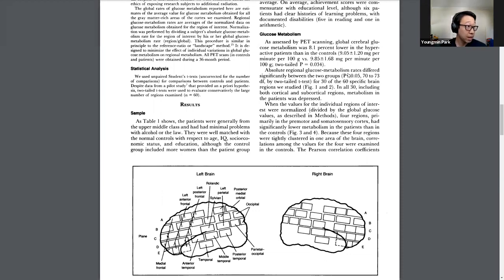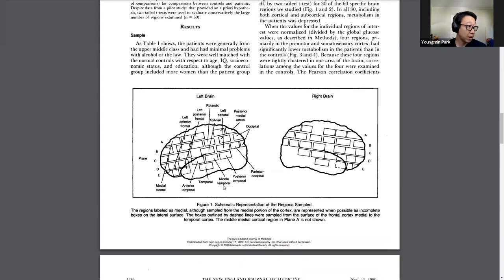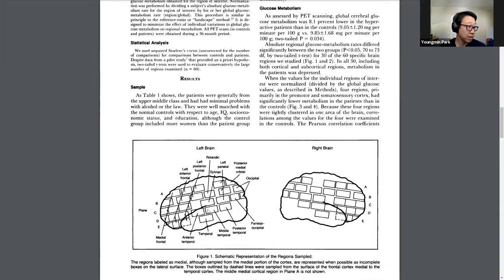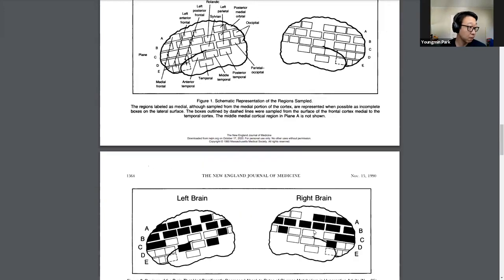Absolute regional glucose metabolism rates differed significantly between the 2 groups for 30 of the 60 specific brain regions. So out of these 60 brain regions they looked at, 30 of these regions were significantly lower in glucose uptake in the ADHD patients relative to the controls.